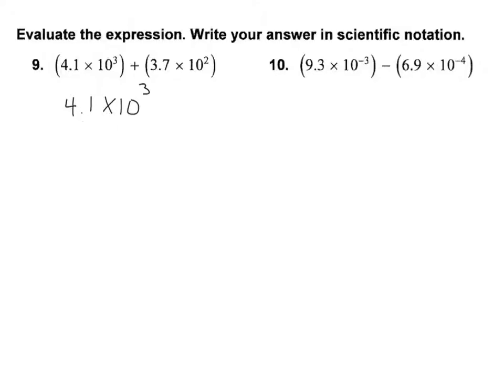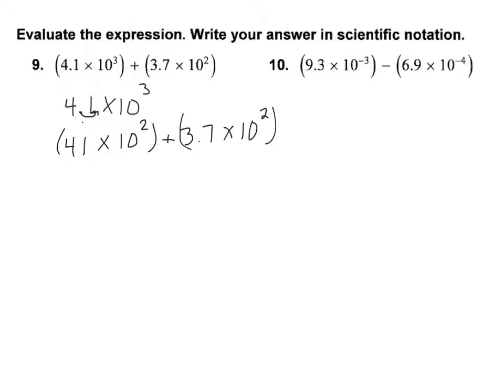Let's take this decimal point and move it 1 position this way, meaning that it got larger, meaning that our power would get smaller. So now I have 41 times 10 to the second plus 3.7 times 10 to the second.